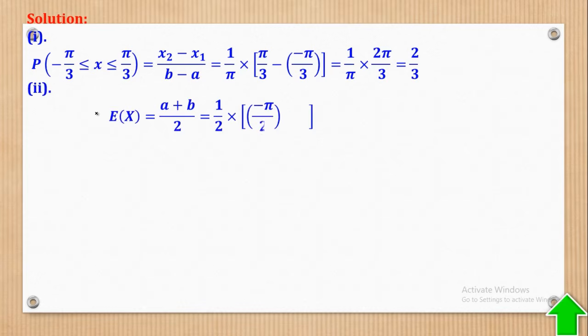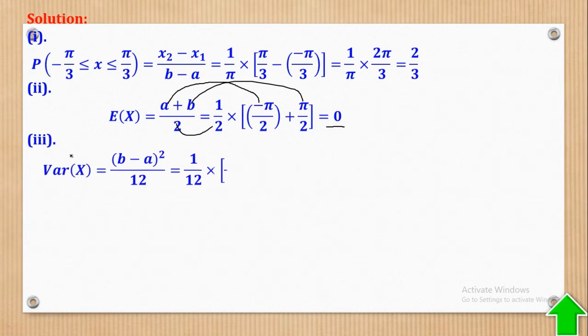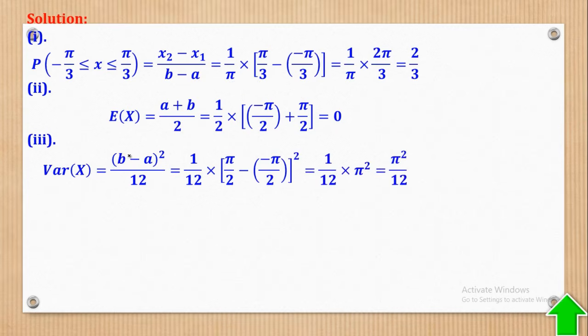Now for part (ii), they wanted the expectation of x, so E(x) is equal to (a + b) over 2. So a is this and b is that, divided by 2, so that's what this half is. You realize the answer is 0. Then part (iii), they wanted the variance. b is pi over 2, which is that, a is negative pi over 2, which is that, and this 12 is here.